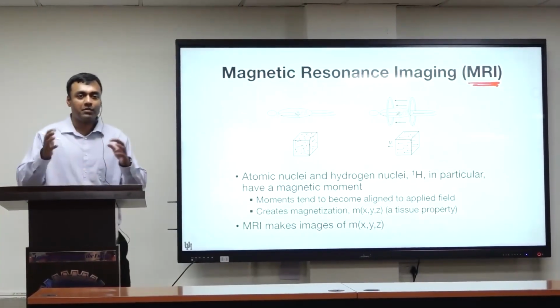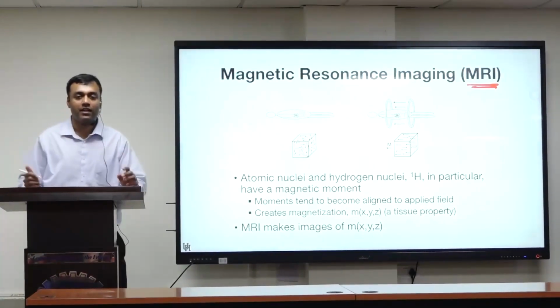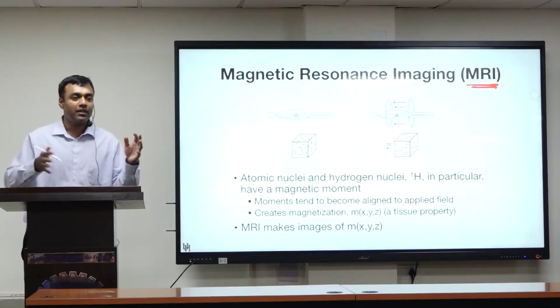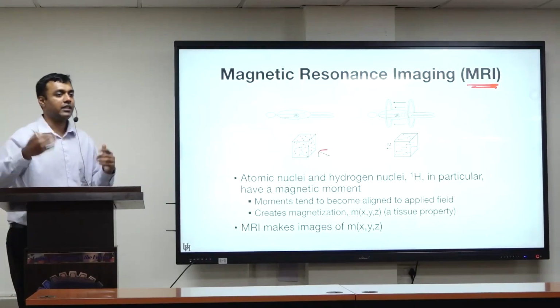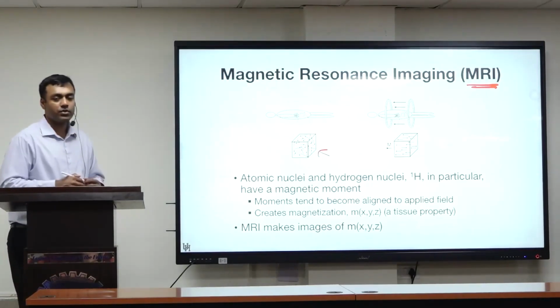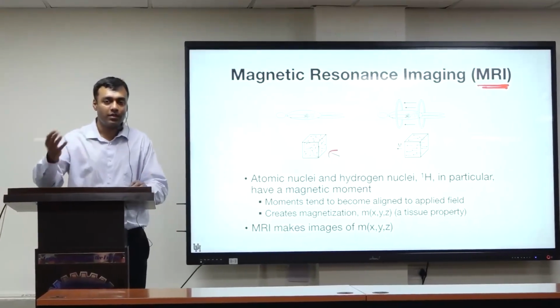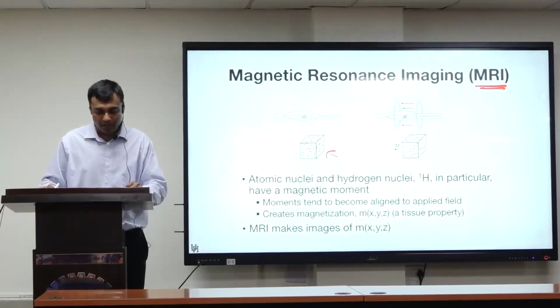But because most of these atoms are oriented in all different directions, the magnetic moments are completely random. In any natural situation, the moments cancel each other out, and therefore there is zero effective magnetic moment.